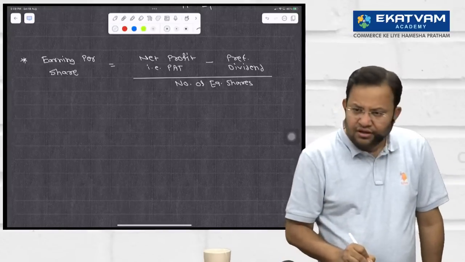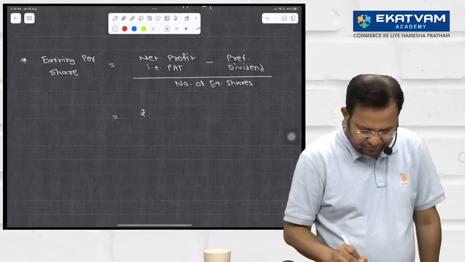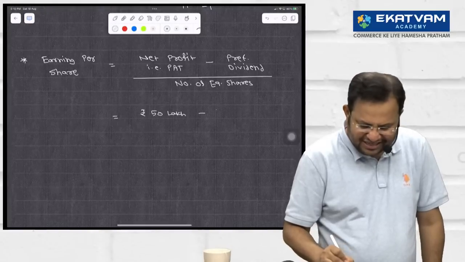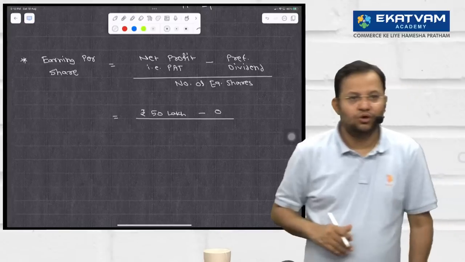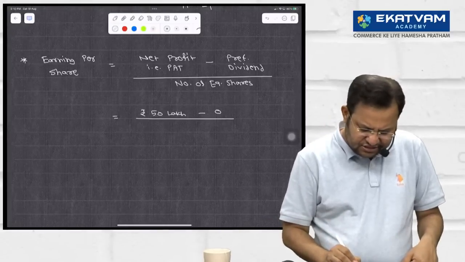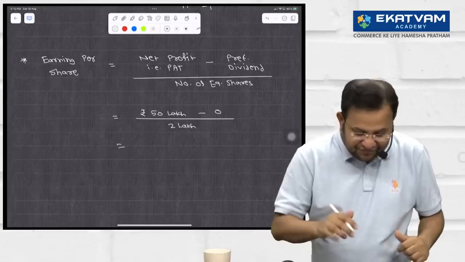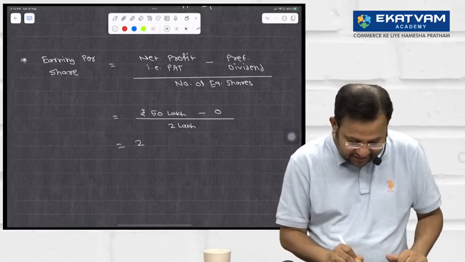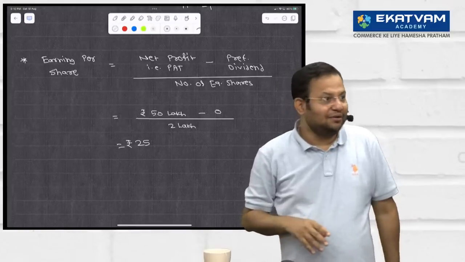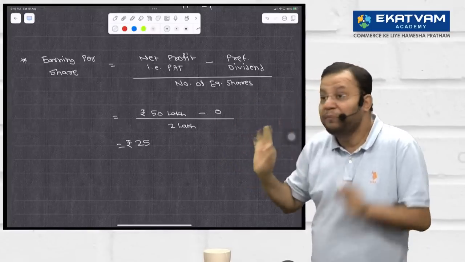Now listen, the company has a profit today. The company has a profit of, I keep the amount deliberately small, 50 lakh. Let us assume preference shares are not there, so minus 0, because there is no dividend on preference shares, because there are no preference shares. And assume the company has 2 lakh equity shares. What do you get? 50 upon 2, 25. 50 lakh rupees divided by 2 lakh is not 25 lakh, it is rupees 25.